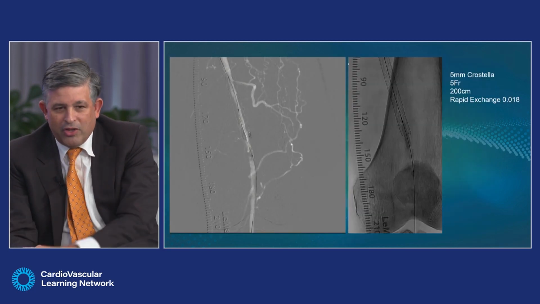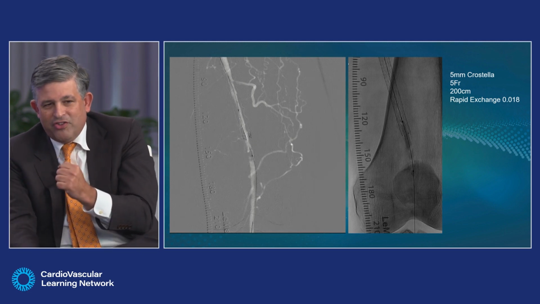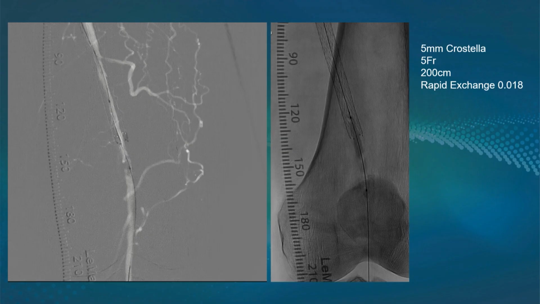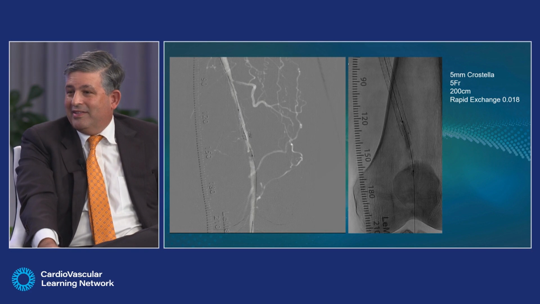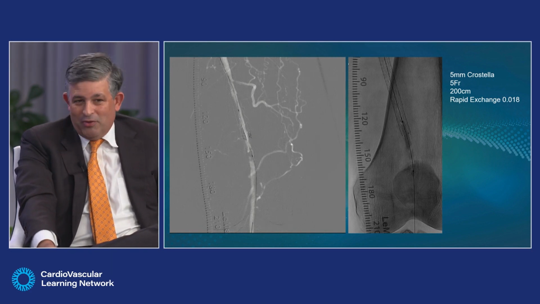You can see the balloon going there, and I haven't inflated it, so it's totally down. I'm just trying to get that balloon to cross, and you can feel it go blump across the plaque. Then I pulled it back to treat. That's how I knew this is a really tight area.